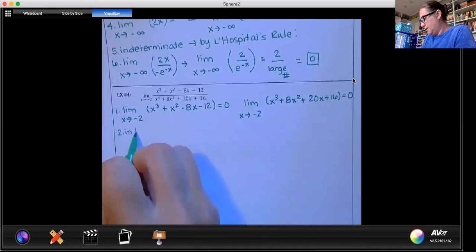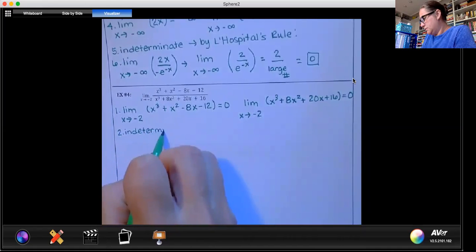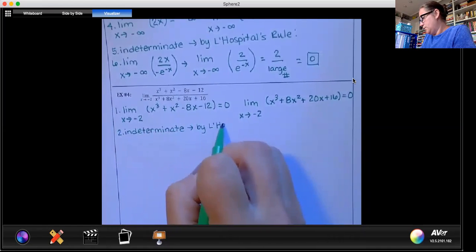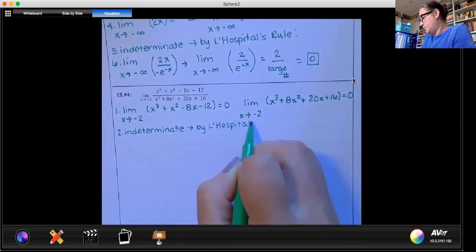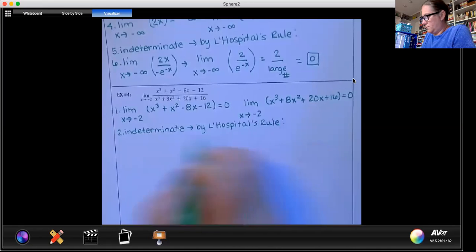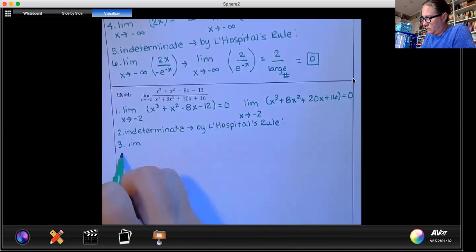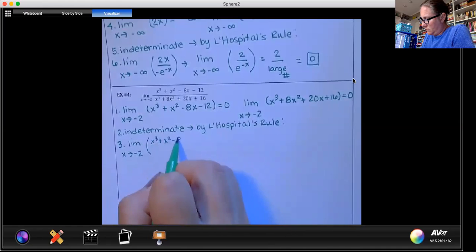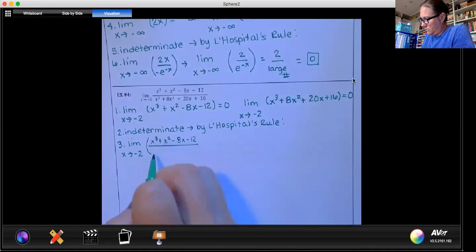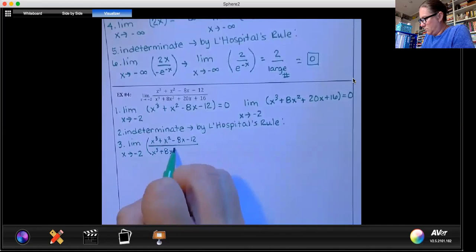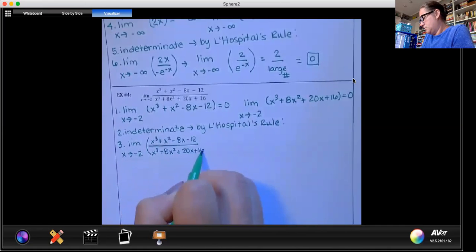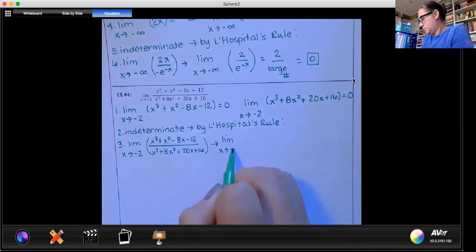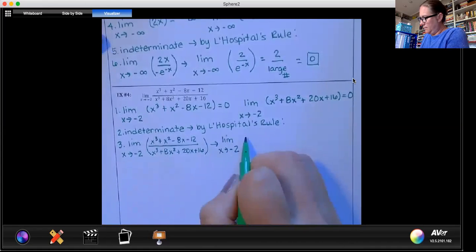So indeterminate by L'Hopital's rule. Derivatives on the top and on the bottom.